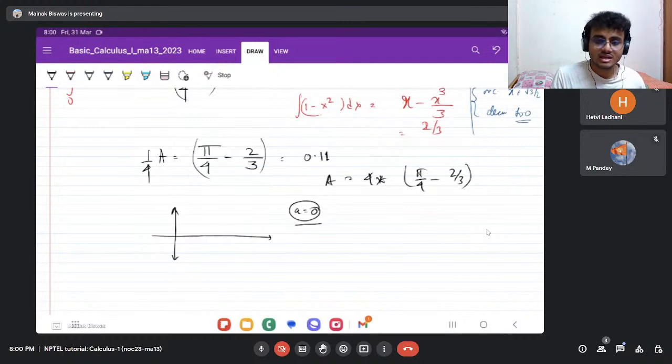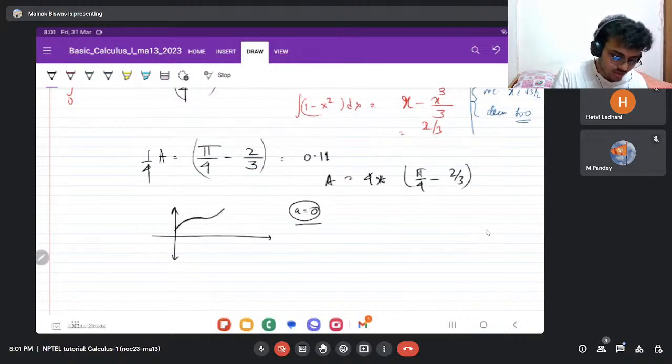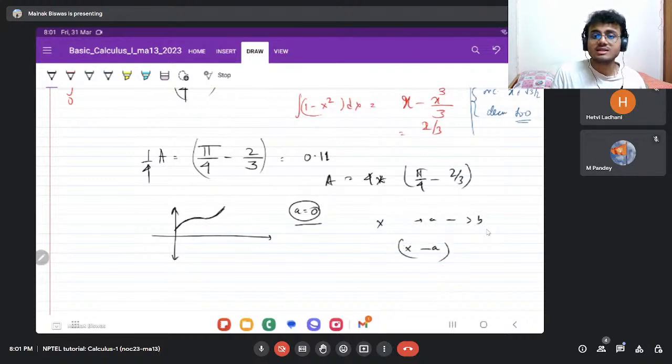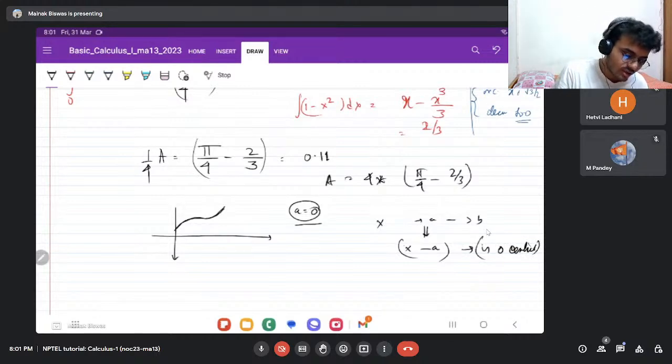We have already seen that. We have done that previously. Do you remember? So x from a to b can be written as x minus a. We can integrate x minus a as an integral, right? x minus a is 0 centered, right? So if we do it for one side, we will be done with both sides. Agreed?